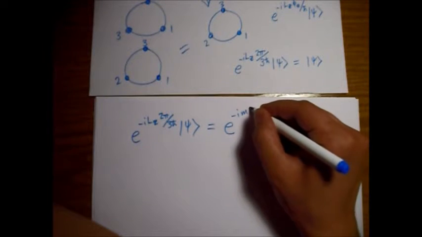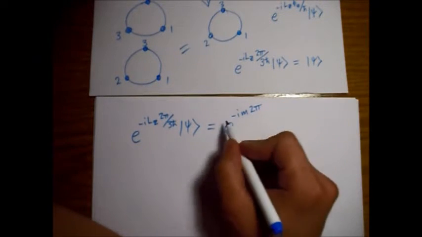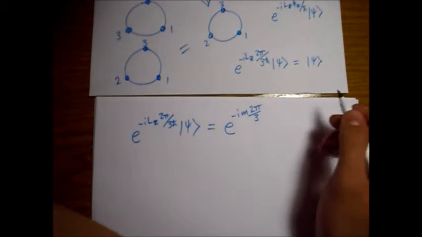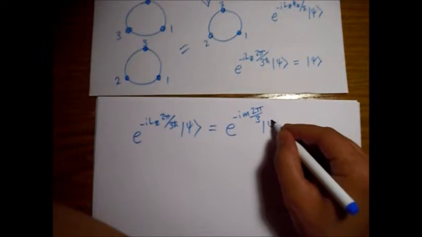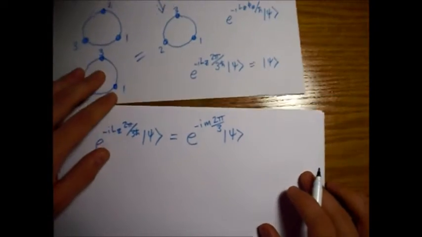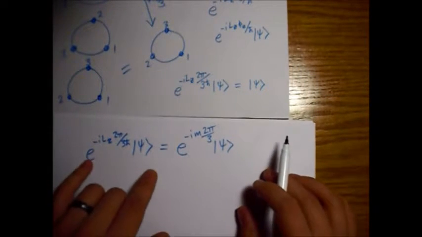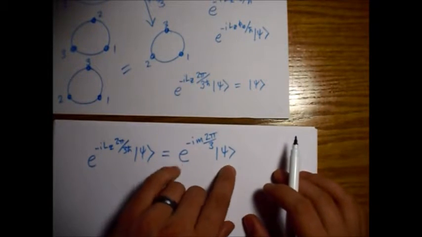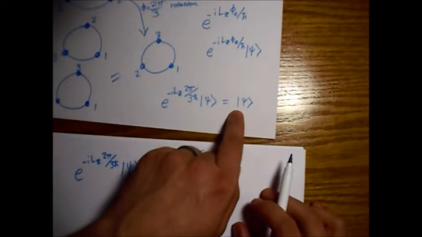I'll put the m here, 2 pi, and then the h bar is going to cancel with this h bar down here, so we just have a 3 downstairs. We have this middle case here, but this has to be equal to 1.